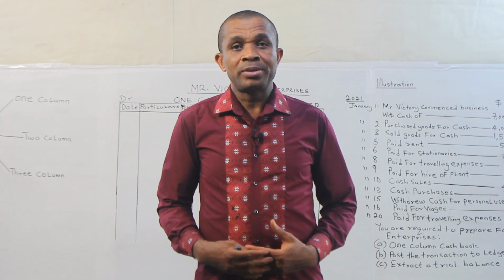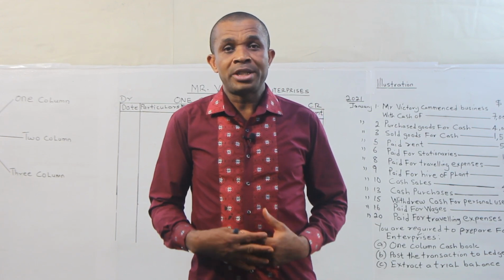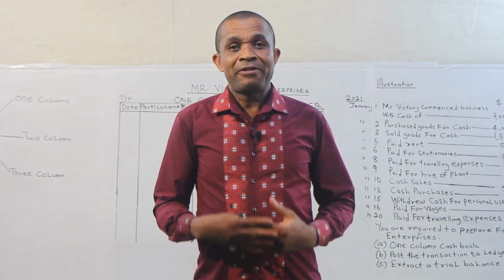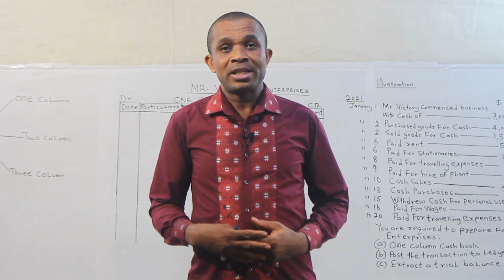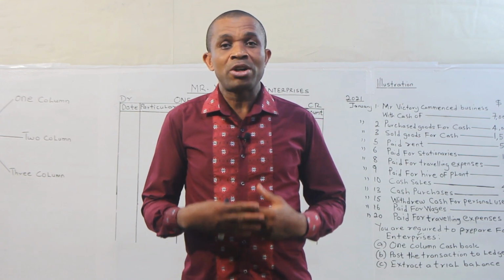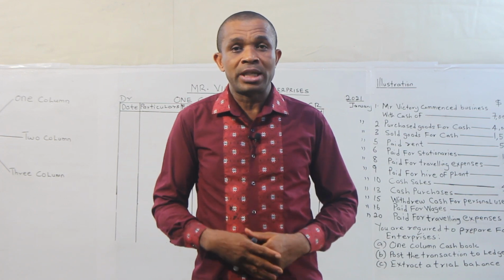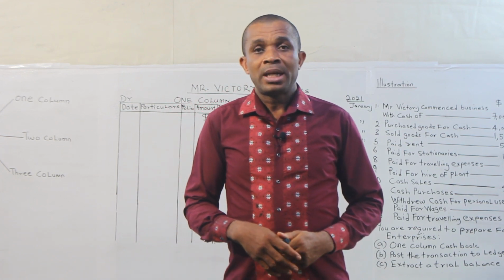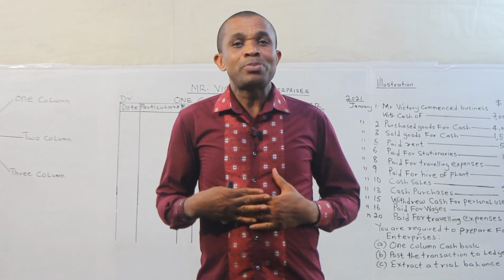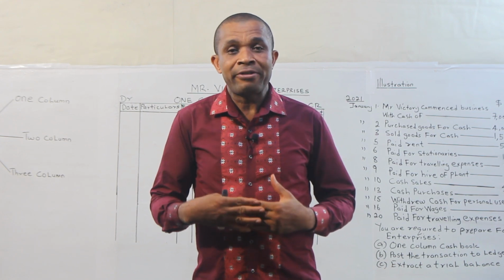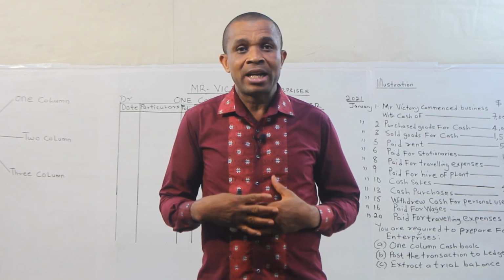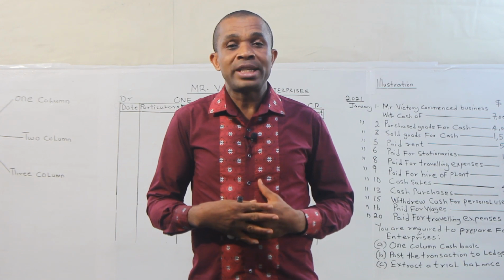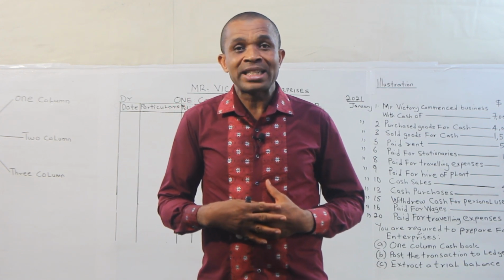Now the first question reads, Mr. Victory commenced business with cash of $7,000. Now, put myself and yourself in the position of the cashier that has opened the cash book or the cash account.